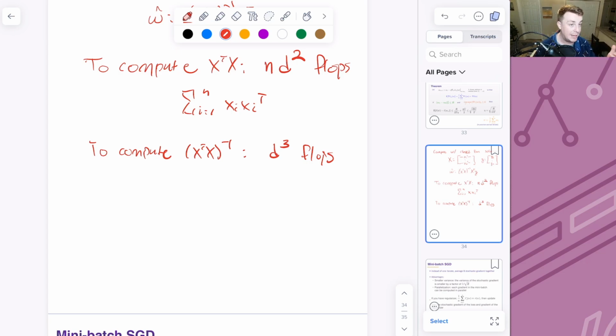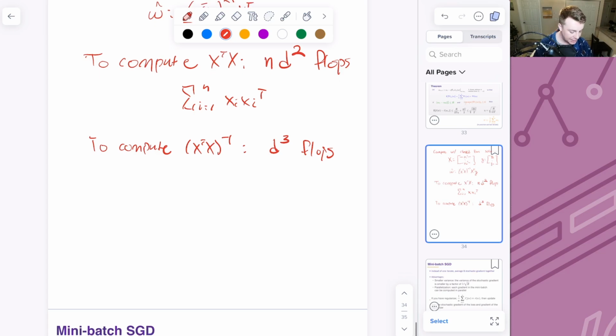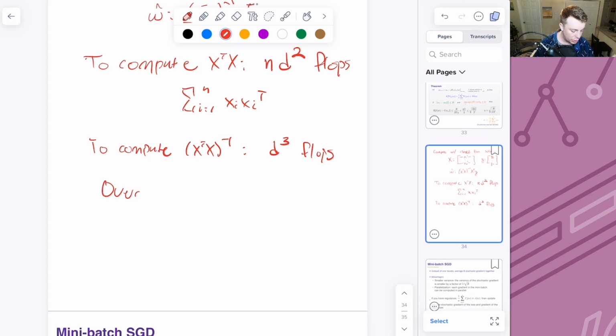You might not even, in many cases, be able to represent a D by D matrix on your computer. So trying to invert something that takes D cubed time can take a long time. What that means is overall, to do the closed form solution, you need something like ND squared plus D cubed operations, which may take a long time.